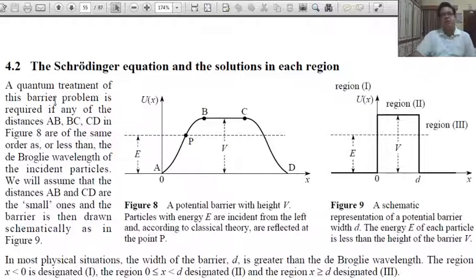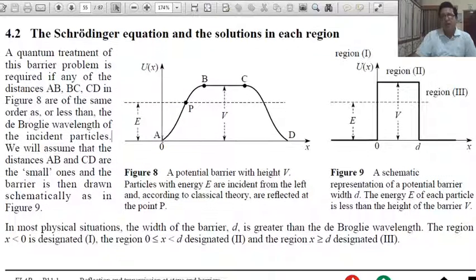A quantum treatment of this barrier potential is required if any of the distances AB, BC and CD in the figure are of the same order or less than the de Broglie wavelength of the incident particles. We will assume that AB and CD are small, and the barrier can then be considered approximately as this.